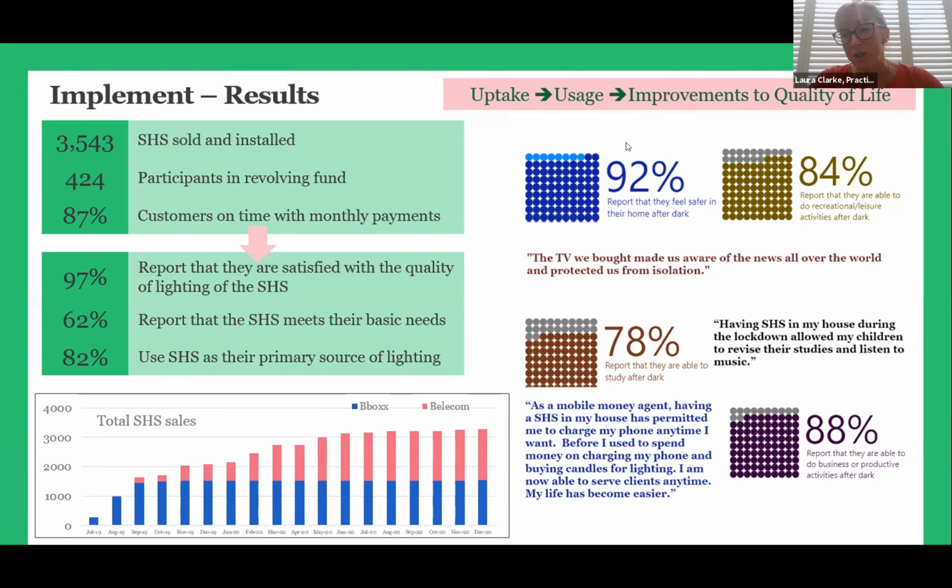And critically, 88% of solar home system customers report that they're able to do productive or business activities, those economic activities, after dark. That's been one of the key findings and key recommendations from this project: to try and couple the economic side of things, livelihoods and household income, with the energy access.